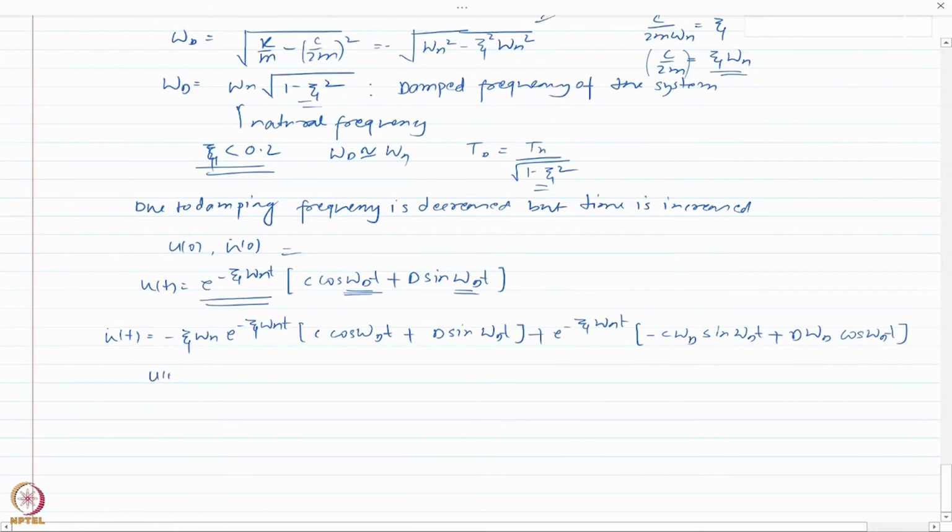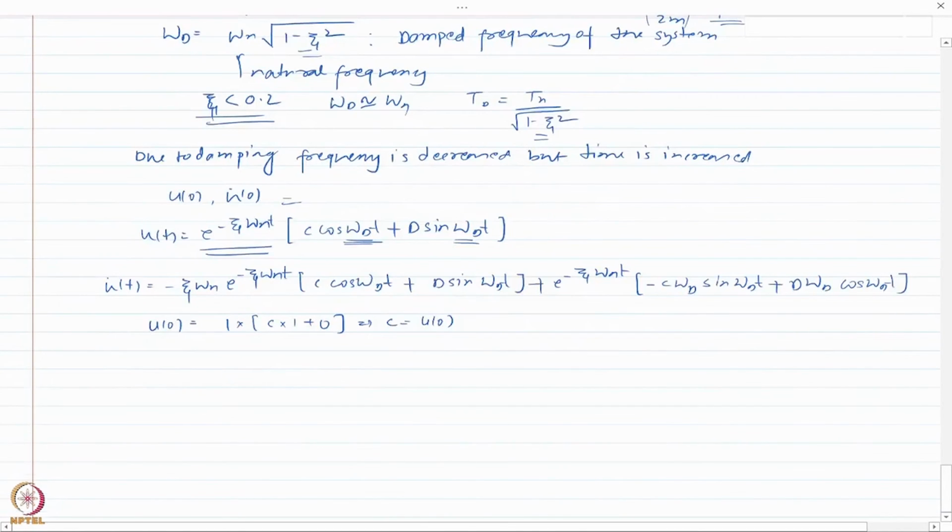Alright, so let us substitute the initial conditions. So u(0) is equal to 1 times c times 1 plus 0. So this equation gives me the value of c as u(0). Now let us take the second equation and substitute t equal to 0. I get minus zeta omega n, and then inside the brackets c plus 0, plus 1 times 0 plus d omega d.